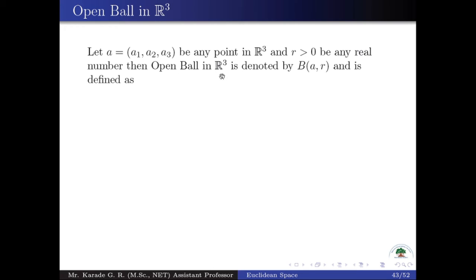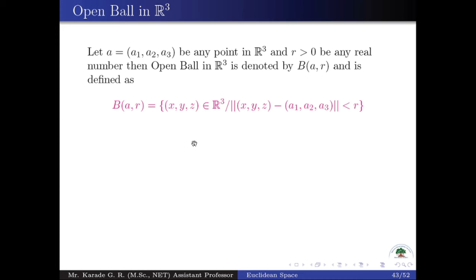Then the open ball in R3 is denoted by the ball about A with radius r and is defined as the set of all ordered triples (x, y, z) belonging to R3 such that the norm of the vector (x, y, z) minus (a1, a2, a3) is strictly less than r.